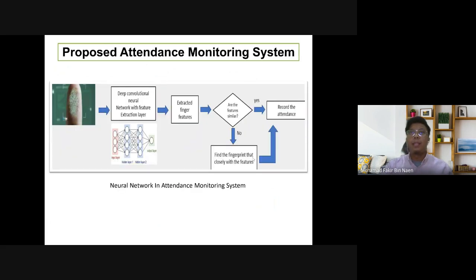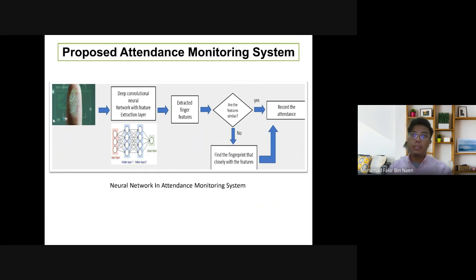Lastly, in the proposed attendance monitoring system, we use CNN, or convolutional neural network. With application of CNN in attendance monitoring system, the system will be more efficient and accurate.